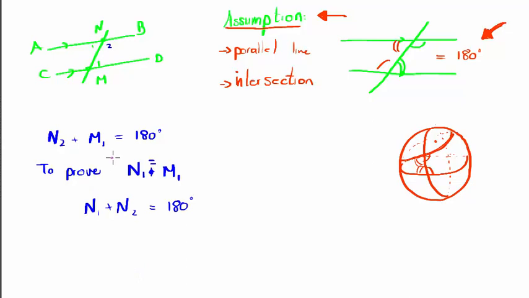Wait, this is what we want to prove, so we can't use it. Well, this is the result. Whenever they ask you to prove something, you can't use it. That is your result, that's what you want to get to. But you're on the right track.